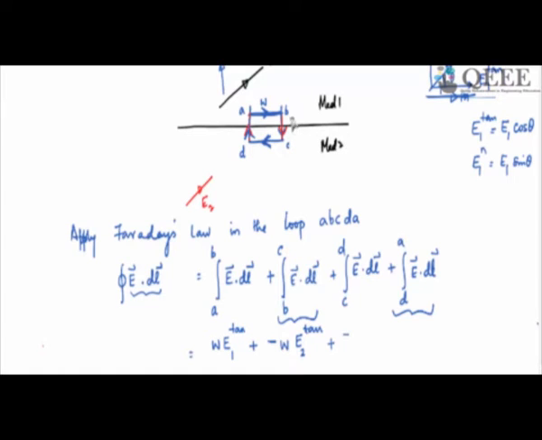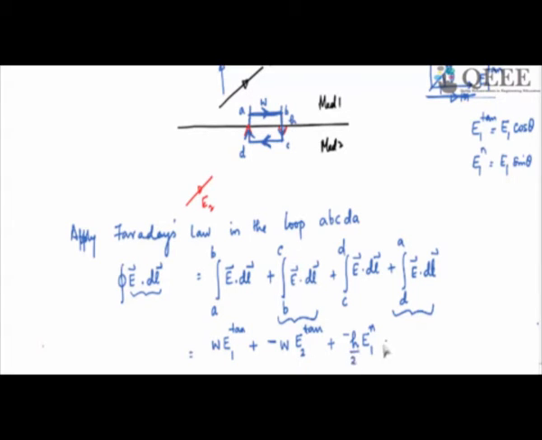So, let us say this width is W, and let us say this height is h. Let me just write this as minus h E normal component, or the first E normal component in the first medium, because it is here. In fact, this whole of h I can divide into h by 2 in medium 1 and h by 2 in medium 2.